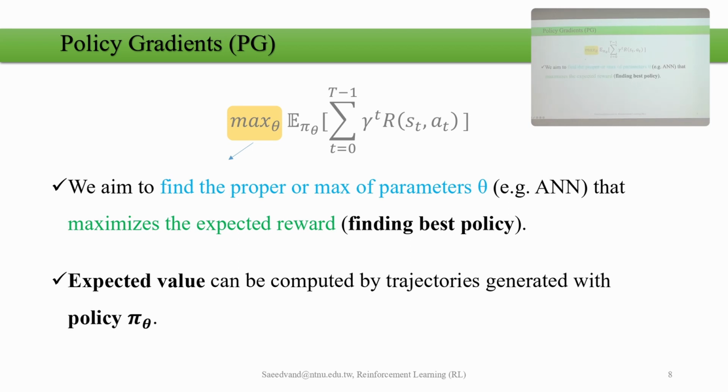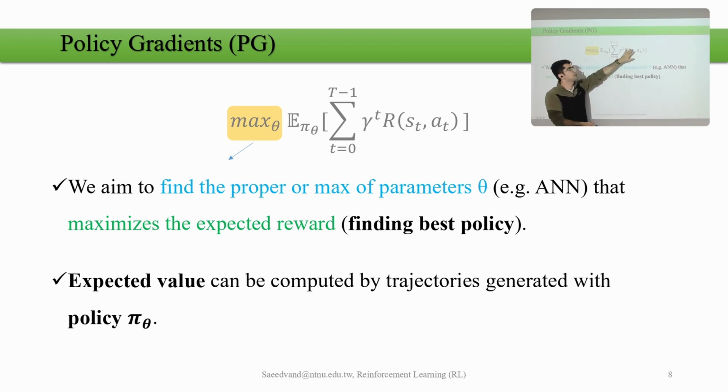Now, this max over here, we are aiming to find the proper maximum parameters I mentioned to you. For example, a neural network can do this for us. And as I explained, this maximum expectation should finally result in maximizing the reward that we are collecting. If we maximize the policy parameters that maximize reward, we are improving the policy indirectly.